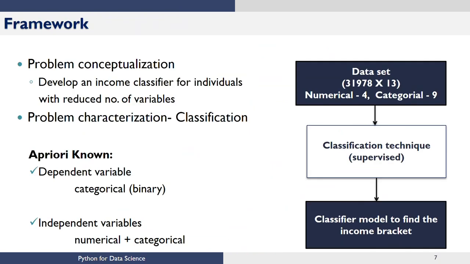So, now let us look at this. As we said before, the problem conceptualization is pretty simple. Here we are developing an income classifier for individuals. We have also added another small aspect to this problem, which is not really obvious unless you think about it carefully. You could say I will use all the features and build the model, but we would also like to see if we can reduce the number of features and get comparable performance of the classifier. The reason is that it makes this solution practical to be used in the future.